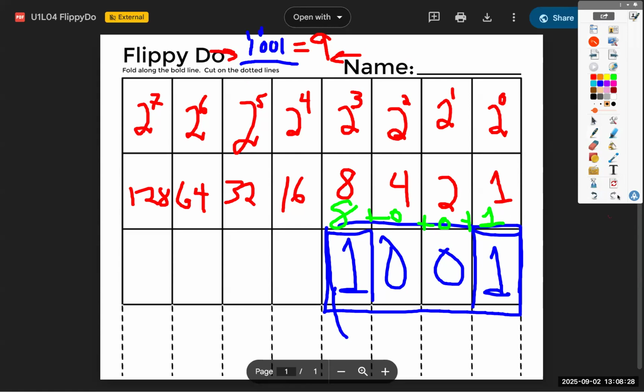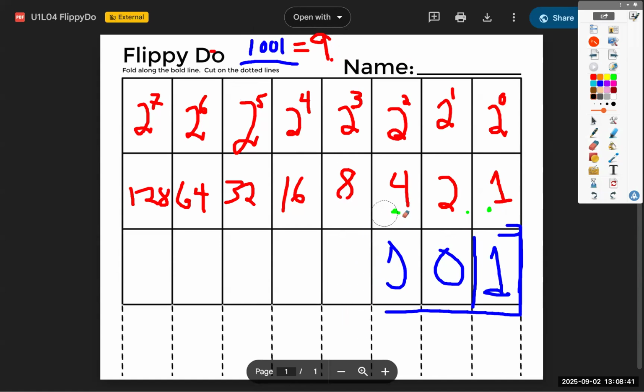Now, you need to understand the concept that 1001 is 9. It's not 9 in binary. I mean, it is 9 in binary, but it's not 9 converted to binary. It is 9.